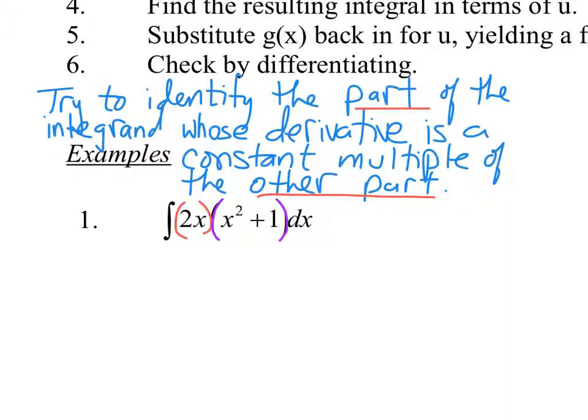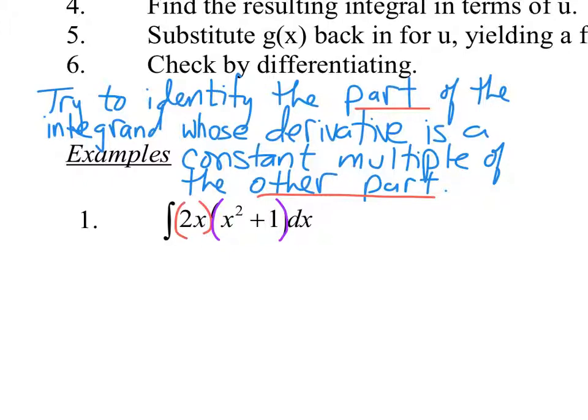If I said sine x is my parent function, a constant multiple might be pi. Pi is a constant. Multiply the two together: pi times the sine of x. They have the same parent function, but they only differ by a factor that is a constant multiple. And that's what we're looking for here.